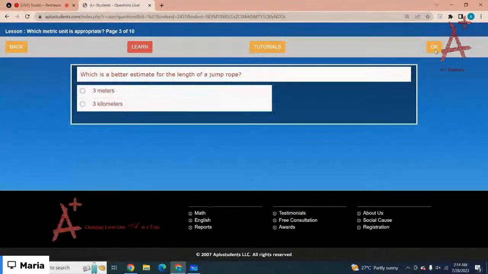Which is a better estimate for the length of a jump rope? 3 meters or 3 kilometers, which is the correct option?